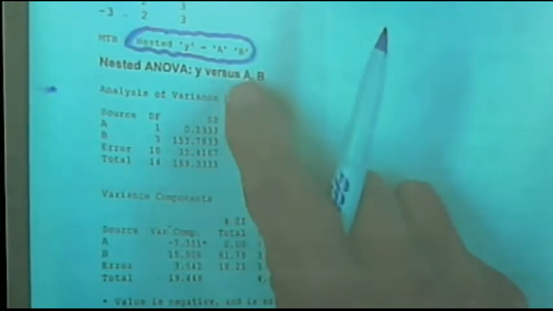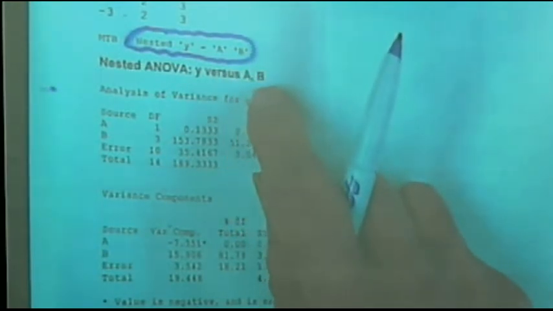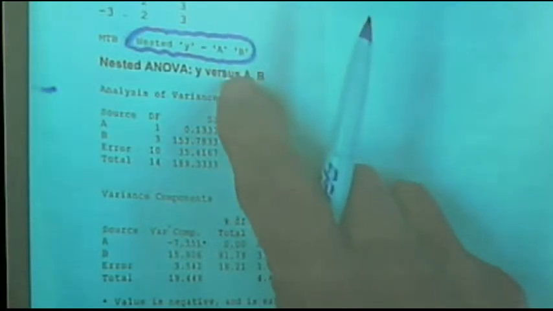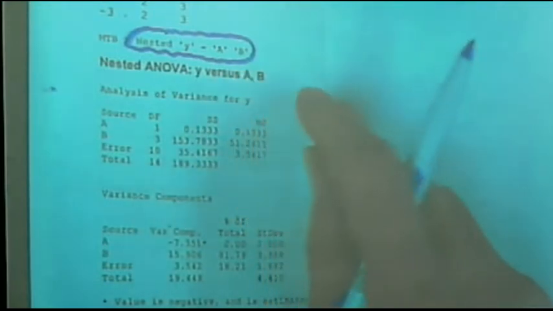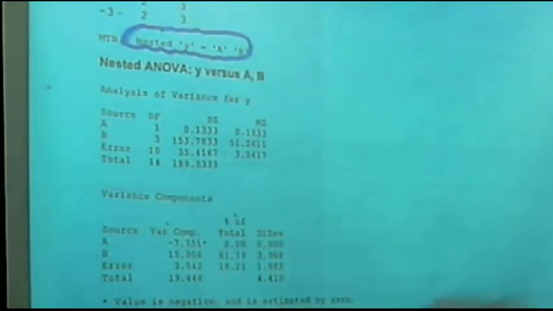Well, I'm not sure which way I built it in the menu. I don't remember even what the menu looked like now. But anyway, it gave me this output here.